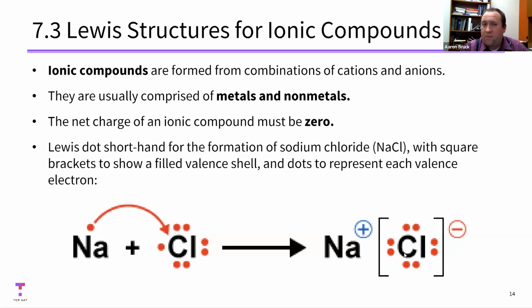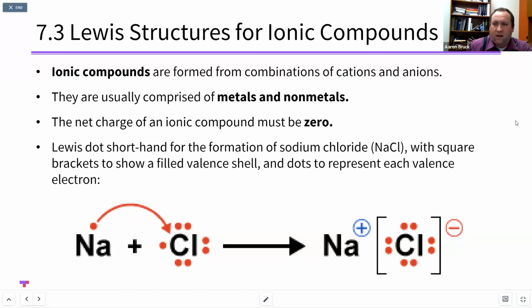Remember that ionic compounds come as a result of metals and nonmetals interacting with each other, the metals forming cations and the nonmetals forming anions. A couple of things we always have to remember: the net charge has to be 0. From a Lewis dots perspective, if I have one dot, like I do with sodium, and chlorine is missing a dot, that electron is transferred because this is ionic.